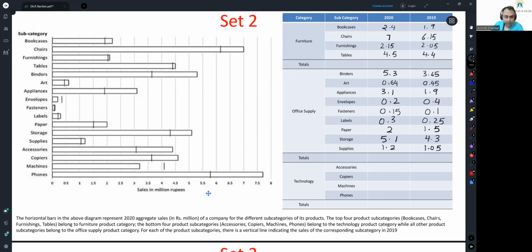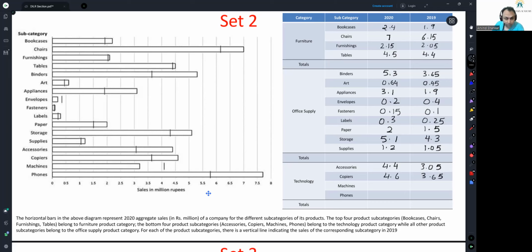Again, totals I will do later. For accessories, 4.4 and 3.05. For copiers, 4.6 and 3.65.